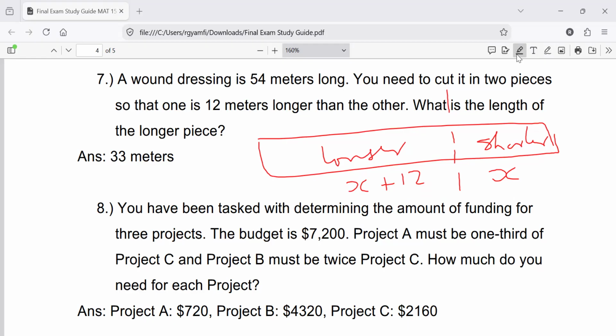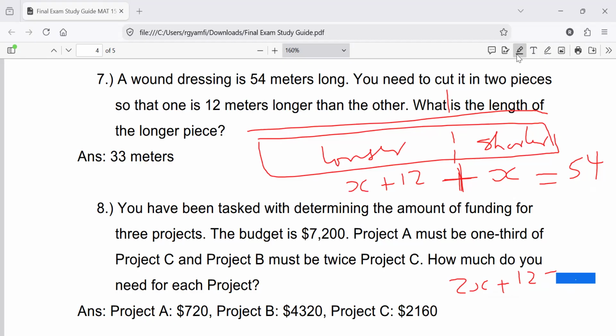So these two, x plus 12 and x, if you add them together, they should give you the whole thing, right? The 54 meters. So you say equals 54. X plus 12 plus x equals 54. X plus x is 2x plus 12 equals 54.